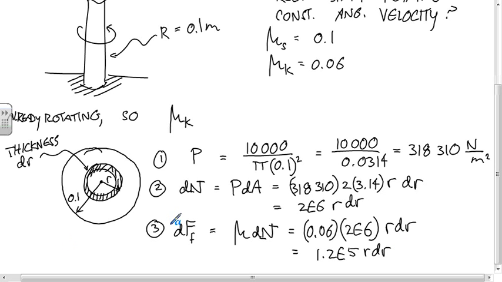So that's the increment of friction force, and now what we want is an increment of moment. So the fourth step is that the increment in the moment is equal to the moment arm times the increment in the friction force.